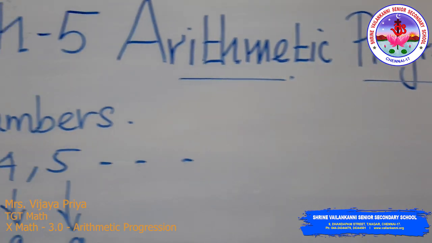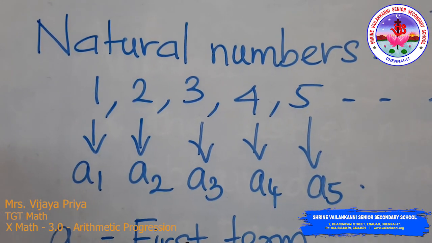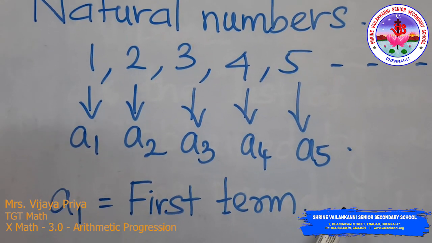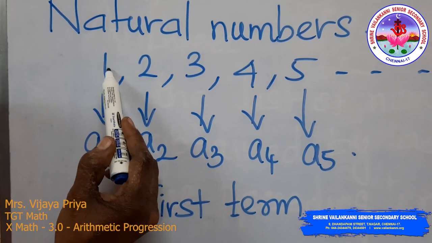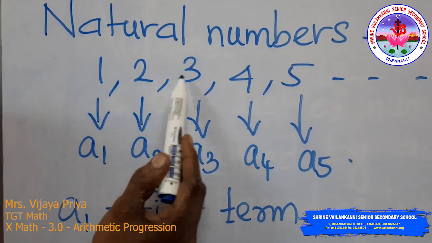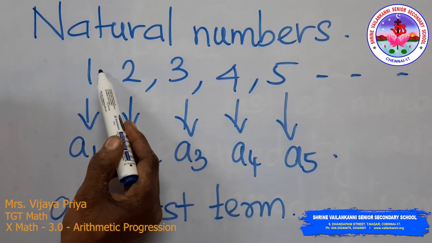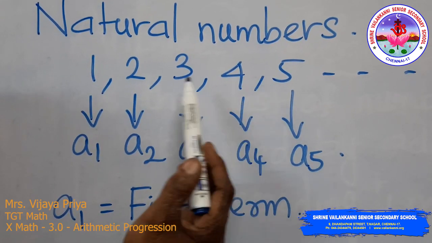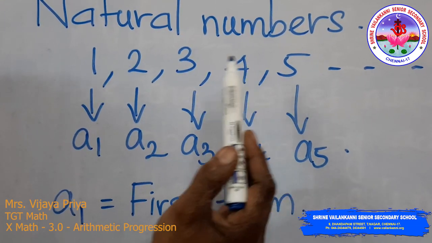Now, this 1 is your A1, which is called the first term of your arithmetic sequence. The other following numbers can be obtained by adding 1 to the preceding term. That is, 1 is constant for the following numbers in the AP.